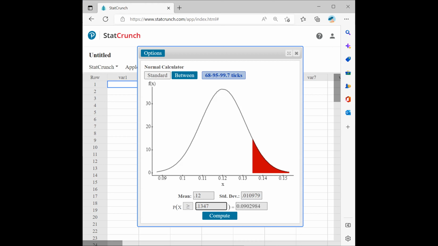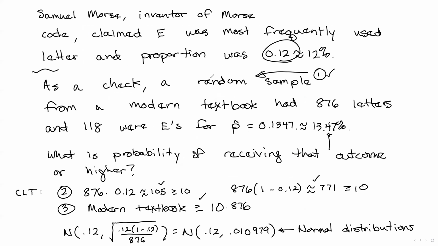And what thing did we assume? What thing did Samuel Morse assume? Let's go back and take a look. What did we assume? What was in here that could possibly be wrong? Samuel Morse, inventor of Morse code, claimed E was the most frequently used and that the proportion was 12%. Maybe 12% is not accurate.